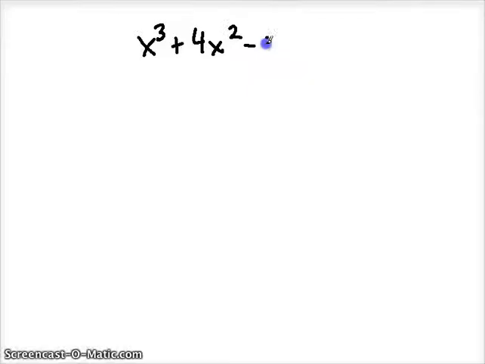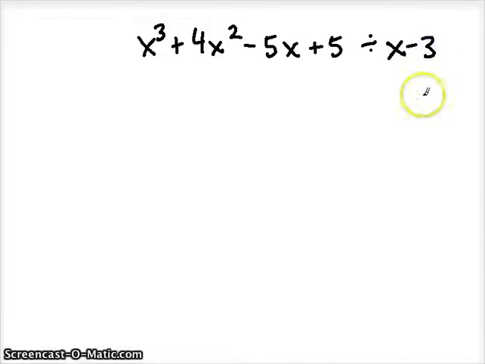So we had x cubed plus 4x squared minus 5x plus 5, and we were dividing by x minus 3. This number right here is in this form, x minus, sometimes they call it c, sometimes they call it h. It doesn't really matter what letter you use right there. But in that form, what we put in our box is just going to be h.